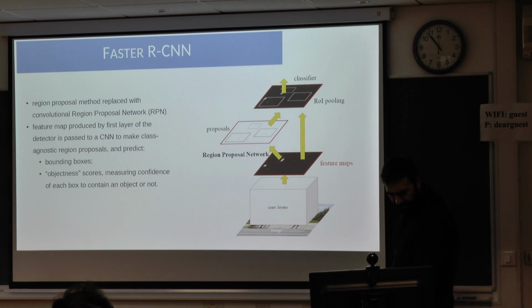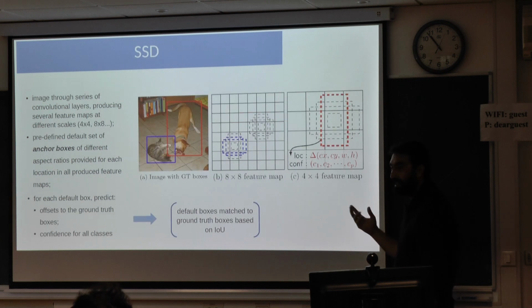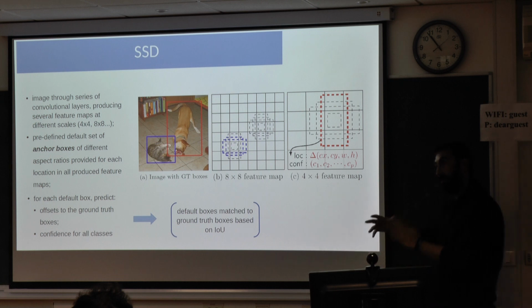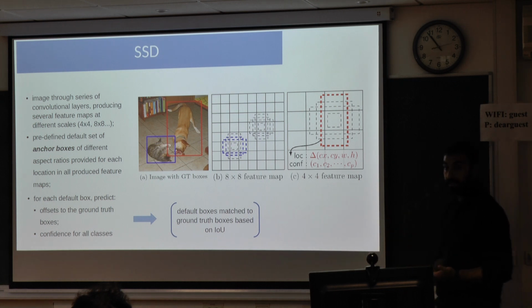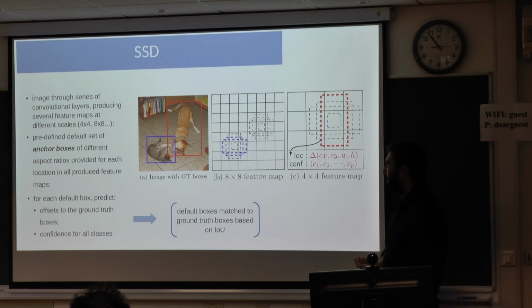And I will tell you something more about this network, but it's more or less included in the second family, in the second group of detectors, which are the single-shot ones. So I'm gonna tell you something about two models, the single-shot detector and YOLO.